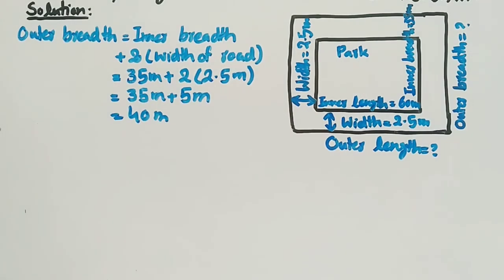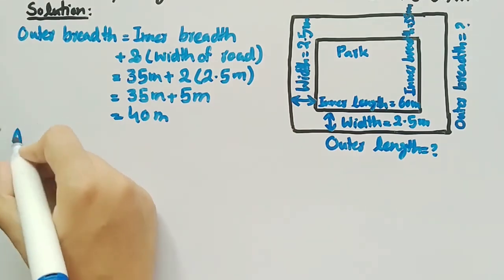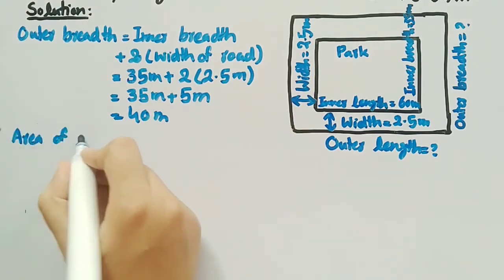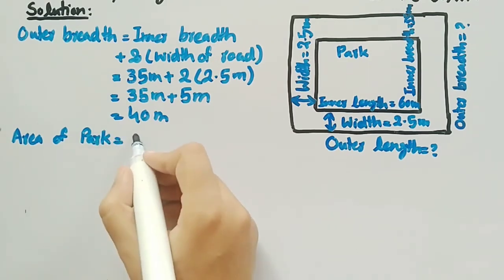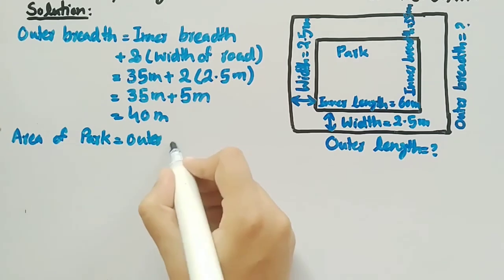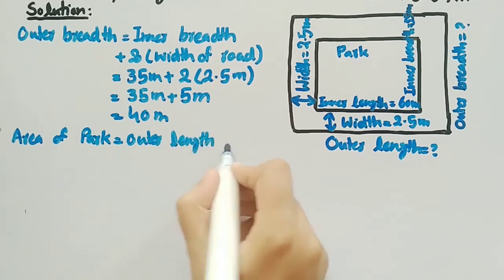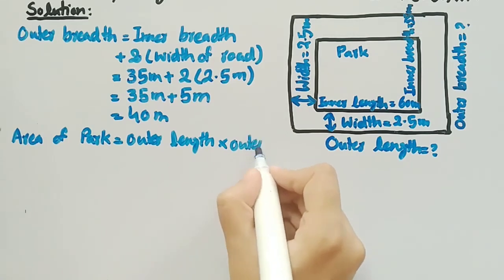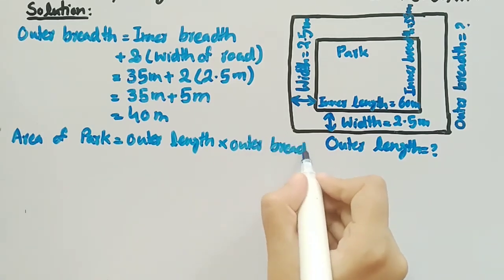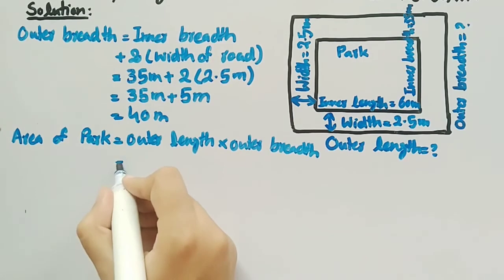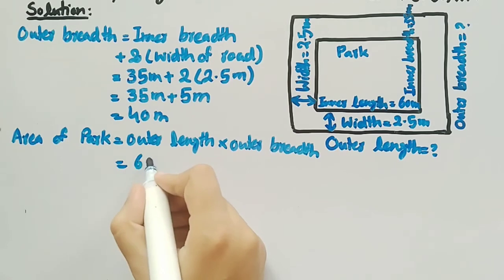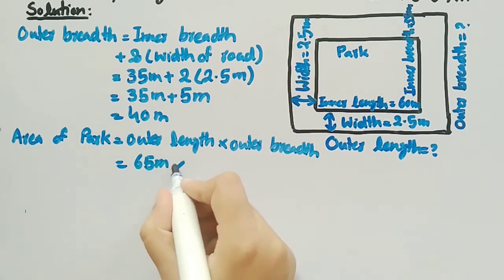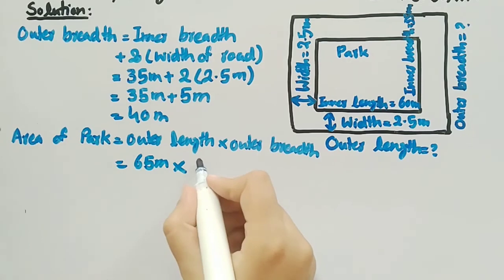Now since we have found the outer length and outer breadth, so we will find area of park, which is equal to outer length multiplied by outer breadth, which can be written as outer length is 65 meter multiplied by outer breadth is 40 meter.